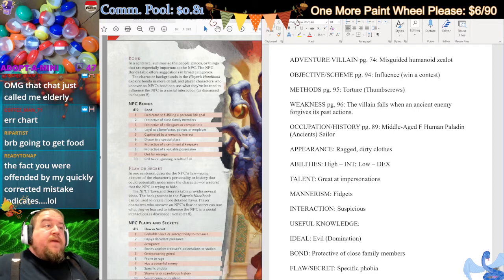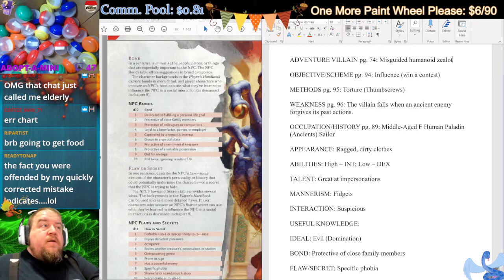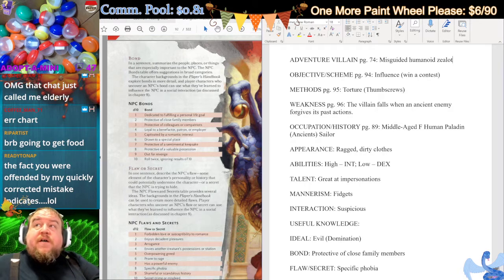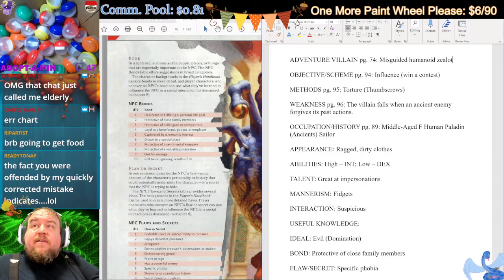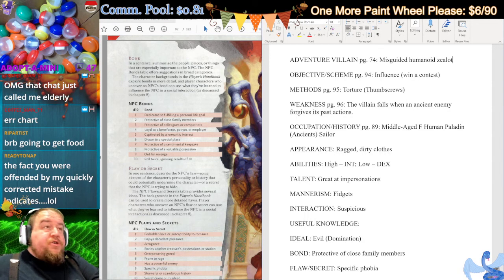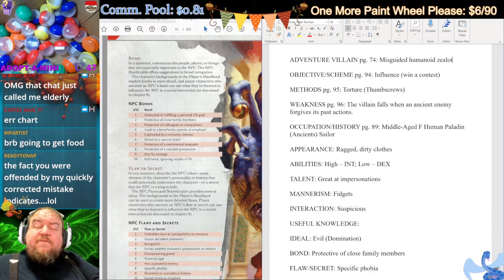That she will be the one who is very overzealous in her paladinhood, goes and tortures other people in order to prove that she is the most holy, that she is the most dedicated. And oftentimes, she will use torture, in particular thumbscrews, in order to solicit confessions from people.